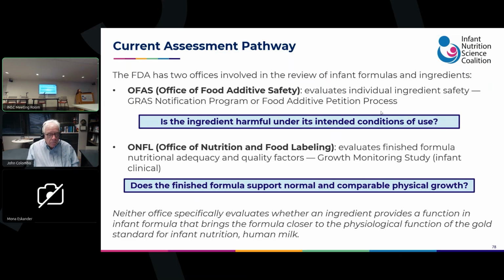Is the ingredient harmful under its intended conditions of use? And once that ingredient has been reviewed for safety and is investigated for an infant formula, the Office of Nutrition and Food Labeling evaluates that growth monitoring study. In very brief terms, does the finished formula support normal and comparable physical growth? So those are the established guidelines in place.